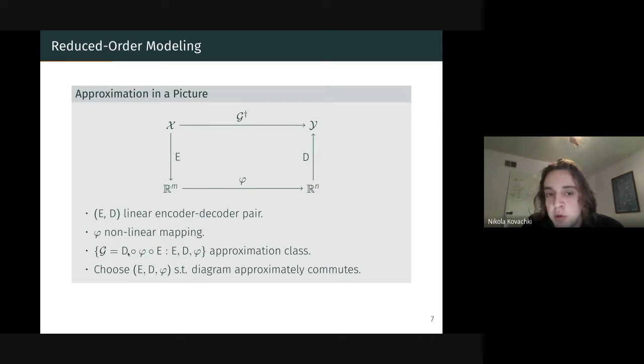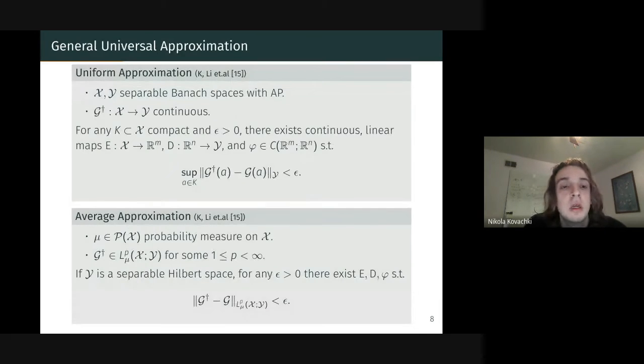The first question you can ask about this is, in what level of generality does this diagram approximately commute? It turns out that the answer is incredibly general. Here are two universal approximation results. If X and Y are separable Banach spaces with something called the approximation property, which is a very standard property for doing any kind of approximation theory, it means that on any compact set you can resolve the identity as a limit of finite rank operators.